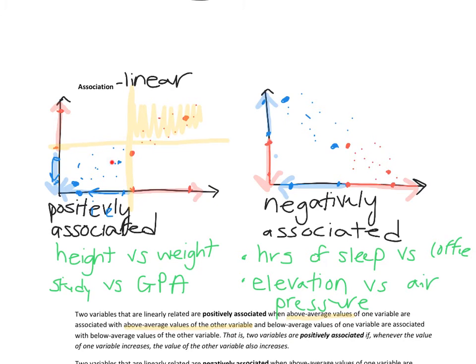And down here too, this one is below average for explanatory and below average for response. Okay, so that's where that technical definition is coming from. And likewise over here for your negatively associated, if those were your averages, here your above average for the explanatory has below average for the response. All right, and vice versa.